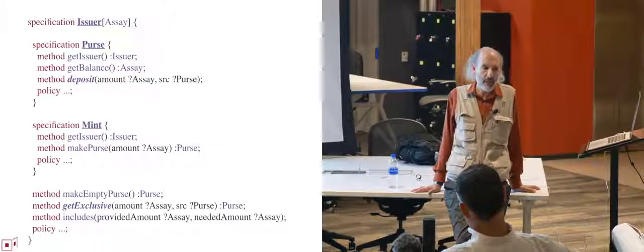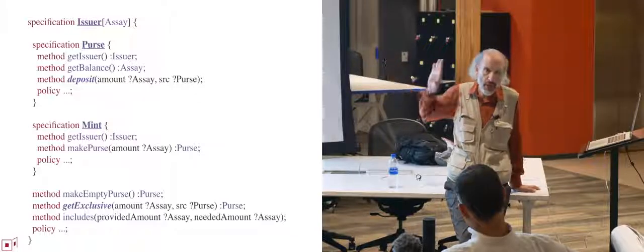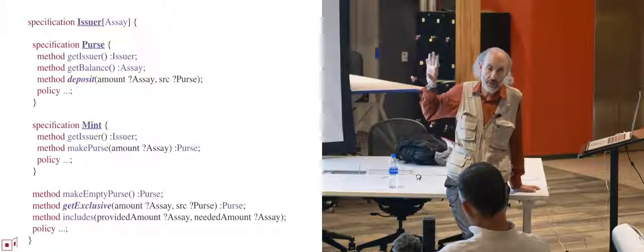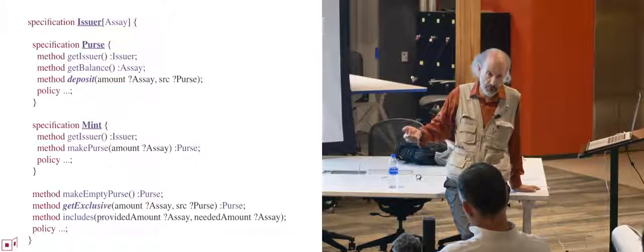And the answer is mixed. The specification language, Chainmail, is purely descriptive. It's reasoning about the program. The Chainmail specification does not create any enforcement mechanism.